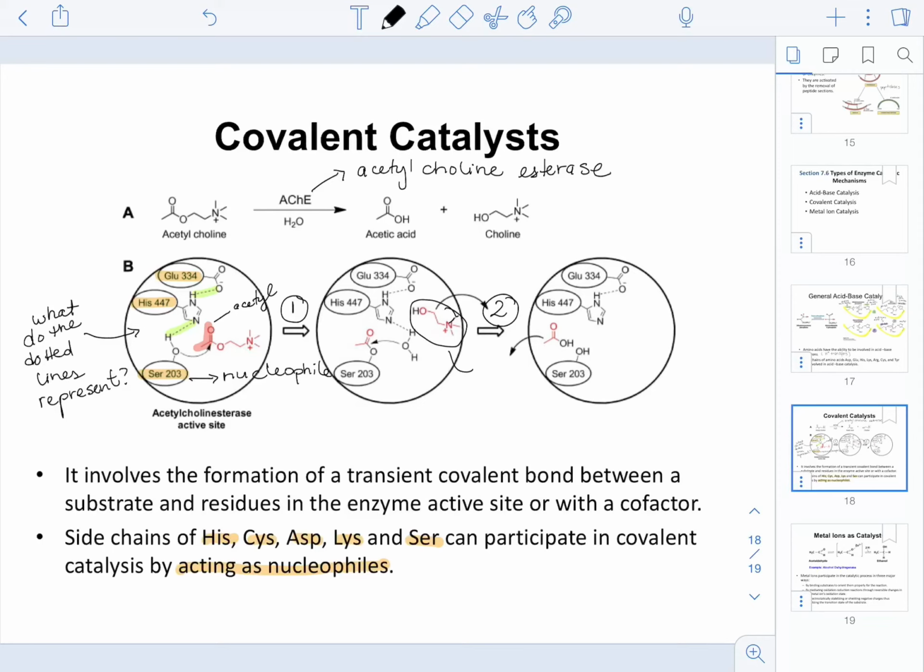So we produce the choline. Because that oxygen in the serine attacked the carbonyl in the acetyl group of acetylcholine, this is where we form that transient covalent bond.